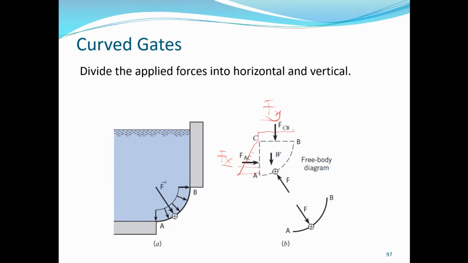It will be this, which is more or less constant, acting through the centroid. So we can find the resultant hydrostatic force acting on the fluid element, and the angle, that's its direction.